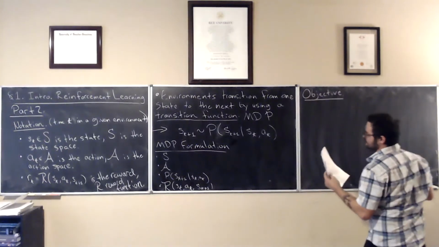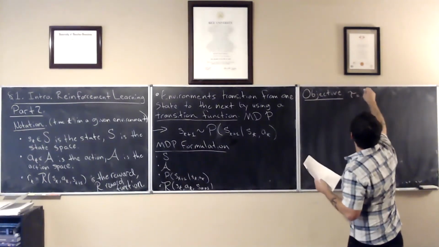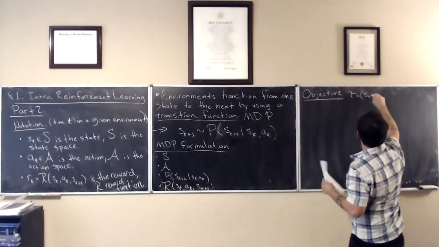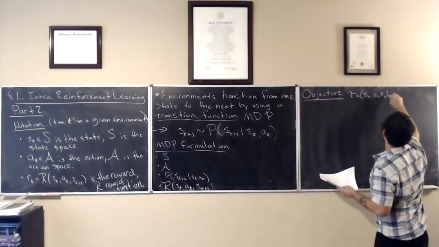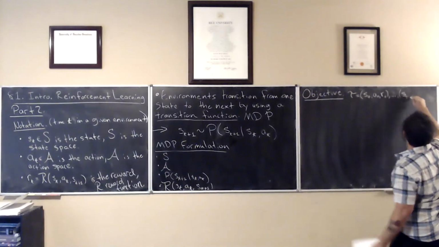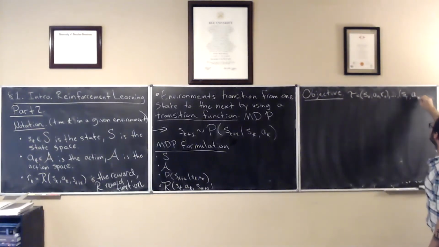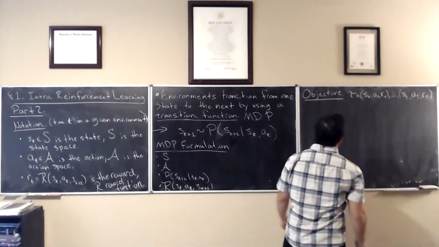So recall from last time that tau equals s_0, a_0, r_0, dot dot dot, s_T, a_T, r_T. This is a trajectory for a given episode.